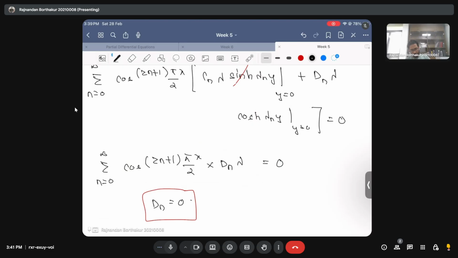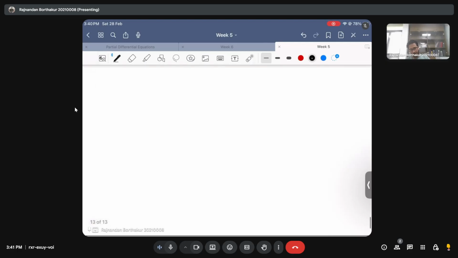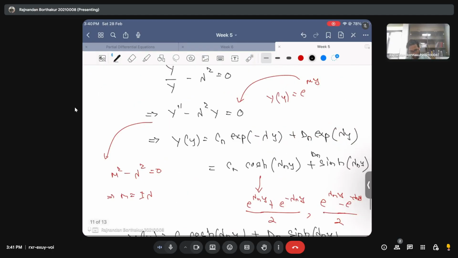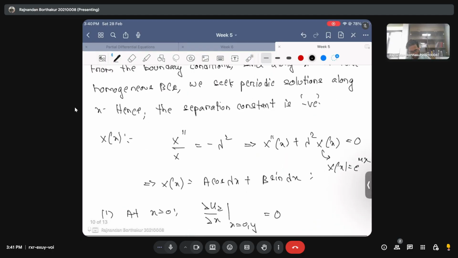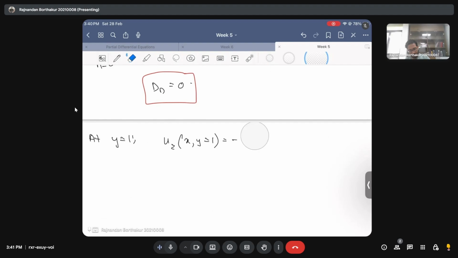And from the second condition, you can find the other one, which is cn. At y equal to 1, I know that my u2 at x comma y equal to 1 is equal to minus u1, which was minus of half of x square minus 1, I guess. Let's see, what was that? Oh, sorry, it is 1 minus x square, so I'll not write the minus sign, and I'll write it as half of x square minus 1.